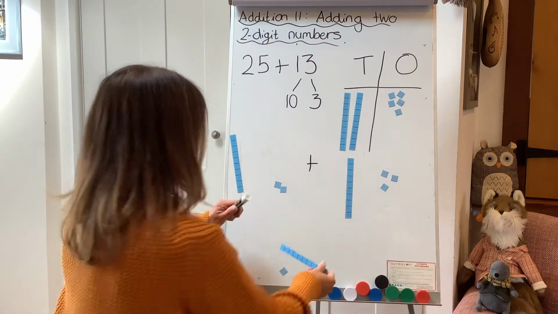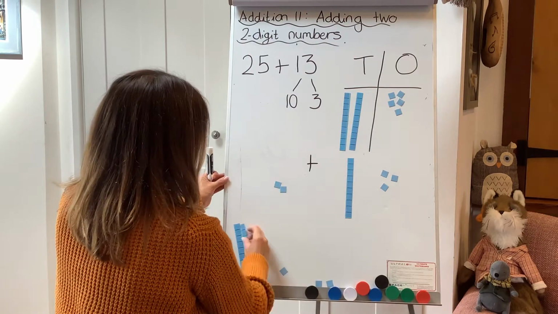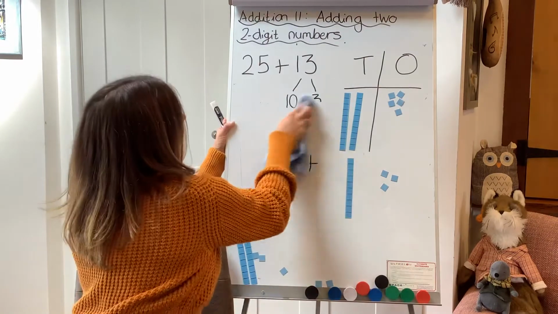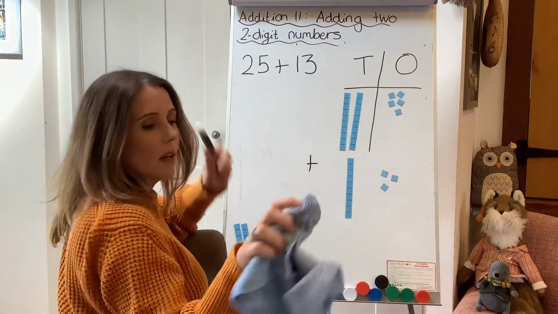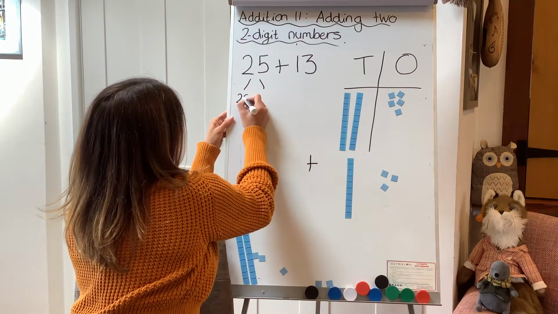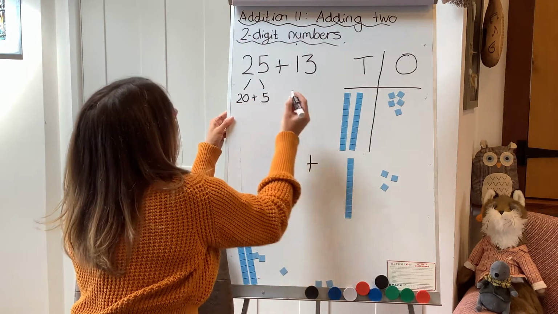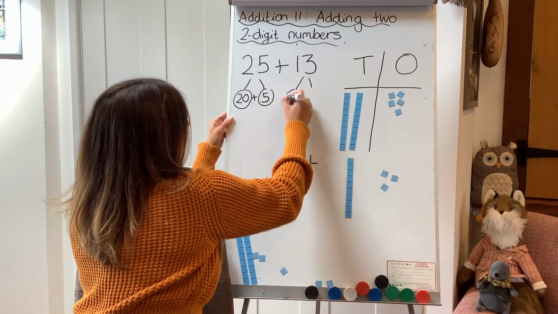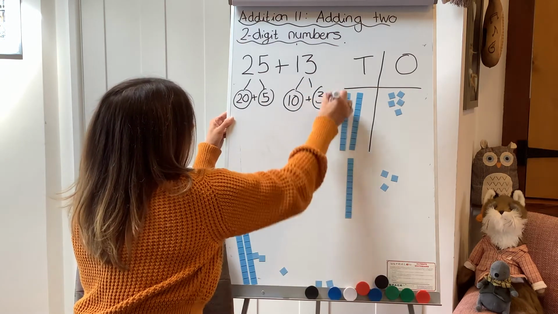Okay, so I'm going to do this by adding together my 1s and then my 10s. Okay, so I've partitioned 25 into 20 and 5. And I've partitioned 13 into 10 and 3.